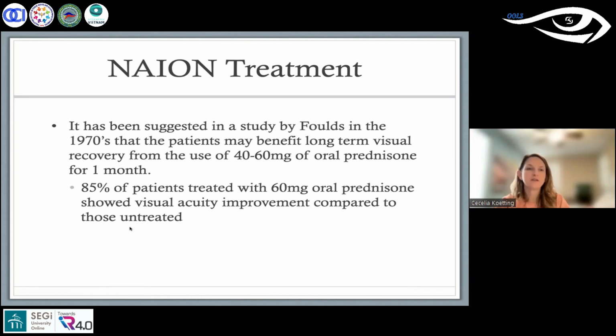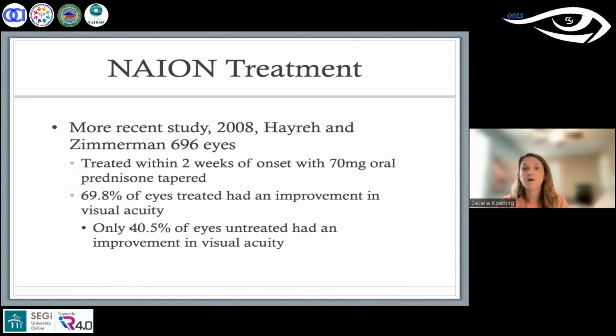It showed 85% of patients treated with 60 milligrams of oral prednisone had a visual improvement compared to those untreated. So that is one thing that I do, but I did want some other studies, right? There was another one in 2008 looking at 696 eyes that were treated within 2 weeks of onset.